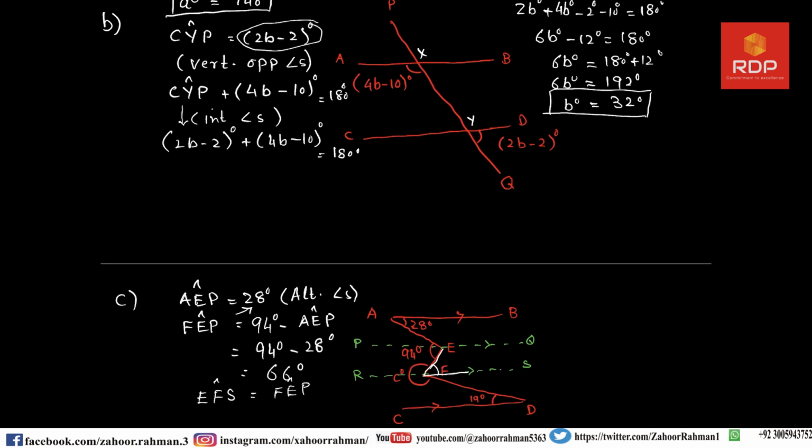We are talking about this area, F, E, and P. So this will be equal to this area, and that is due to the alternate angle.